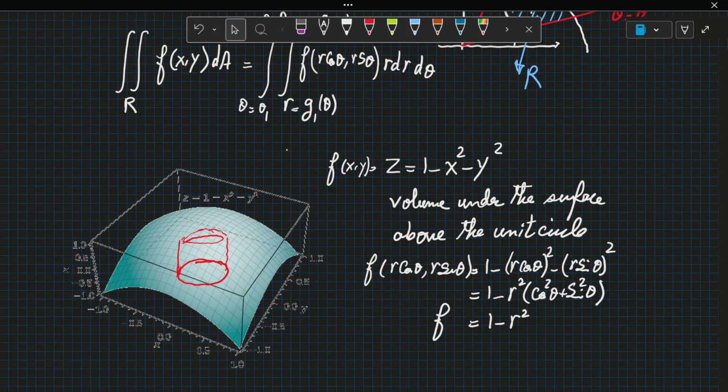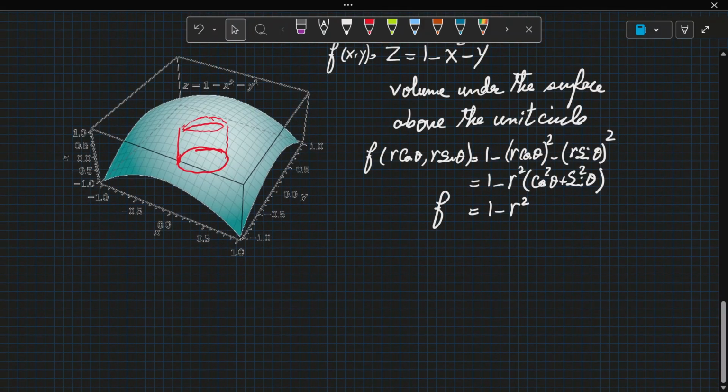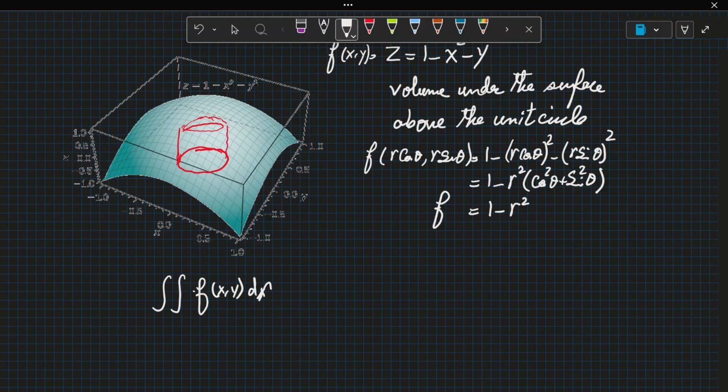Then I have to do this integral. Previously I would have written the integral as the double integral of f of x and y dx dy, or just dA. Now instead of that f, I write 1 minus r squared, and instead of this element of area I will write r dr d theta.